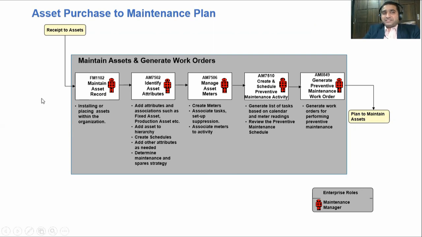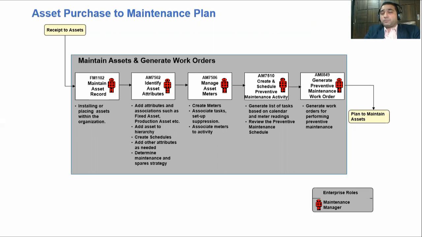This is particularly the procurement part, the receipt to asset, which is an input to the asset purchase to maintenance plan. This is again coming from the procurement flow, where you will negotiate with the vendor who will be selling you the asset. You will decide on the specifications required for it. You will compare the quotations of two, three vendors. Then you will purchase it.